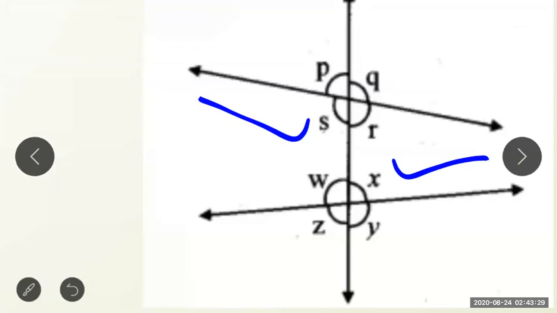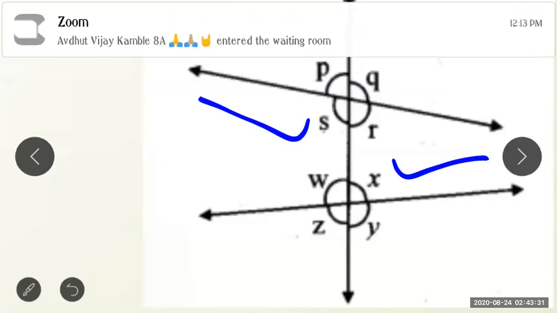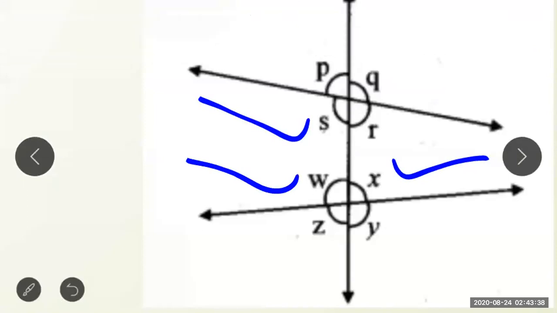Now there will be only two pairs. Next will be angle W. Angle W is interior, and the alternate opposite of that is angle R. Angle R is the opposite of angle W. So here the two alternate pairs are angle S and angle X, and angle W and angle R. I hope you have understood this.